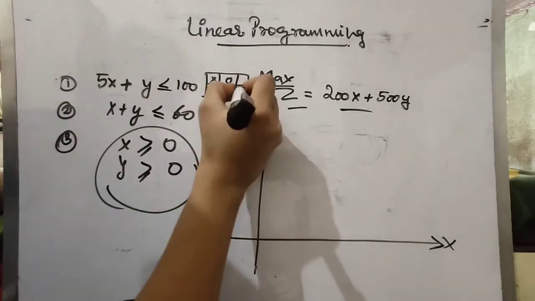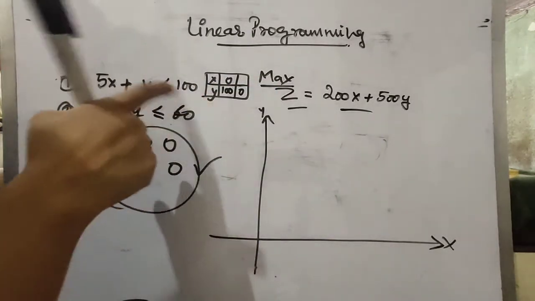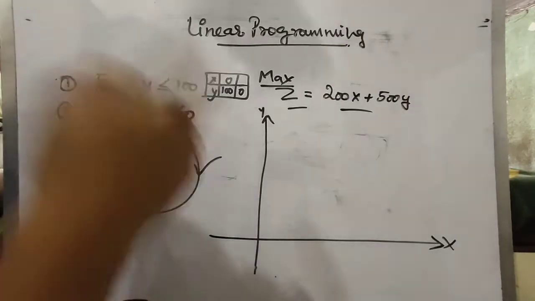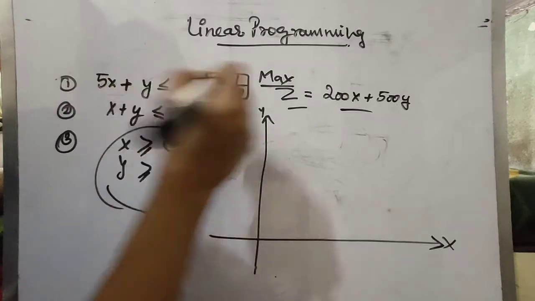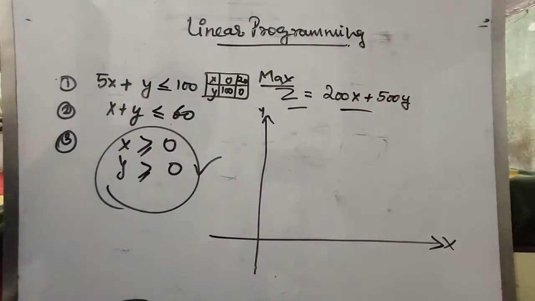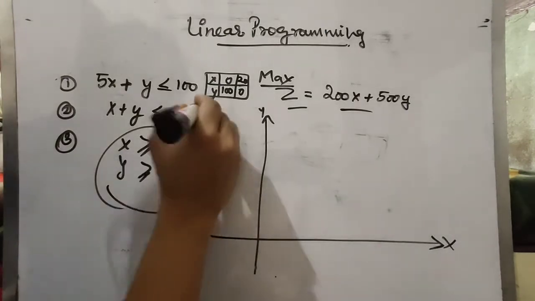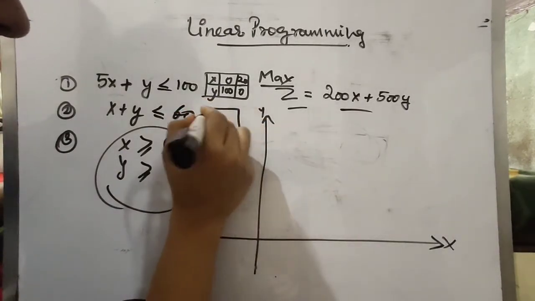Then keep y as 0 and find the value of x, which you can see will be 20. Just keep this in mind and then go on with the next equation as well.